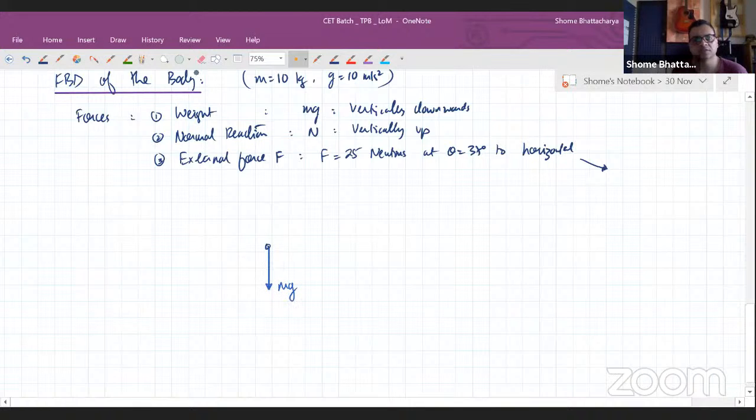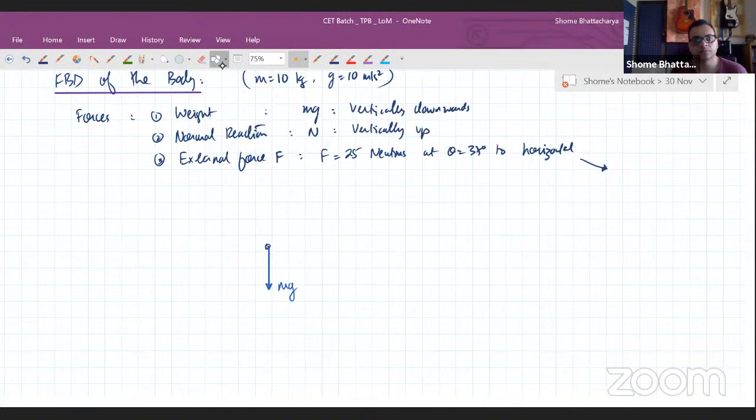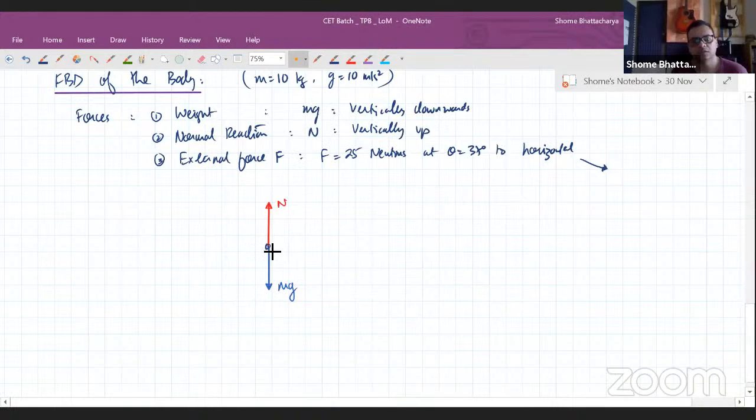So mg is like this. Then normal reaction is acting vertically upwards. And then the external force that we are applying, that one is acting in this kind of a manner.